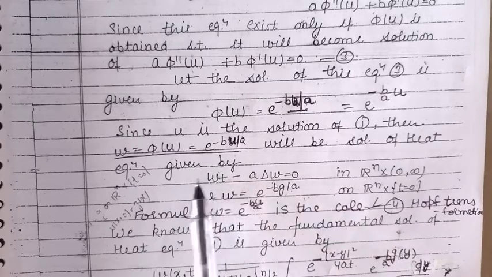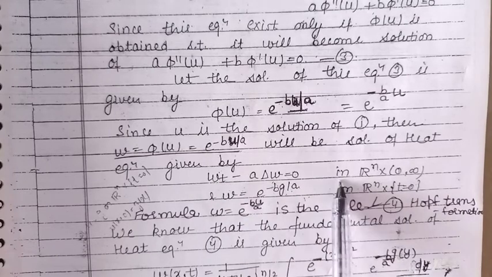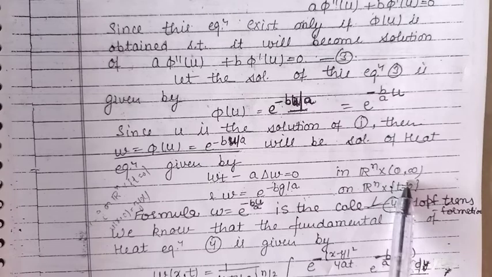This w t means partial derivative of w with respect to t. This t is in the base of w. So, this equation is satisfied in Rn cross open interval 0 to infinity.